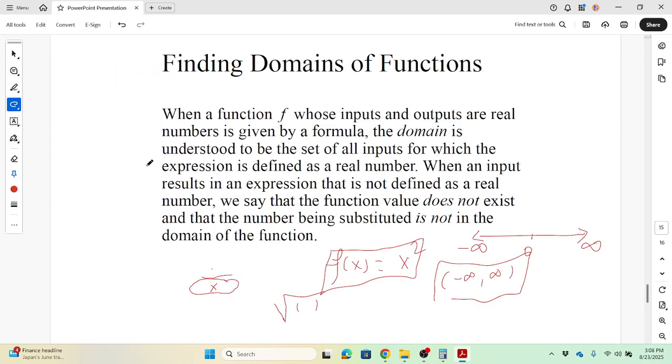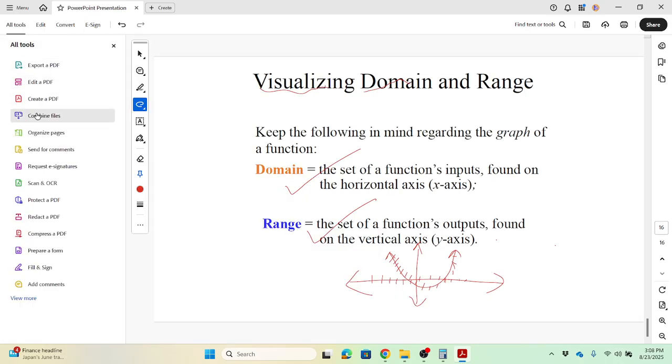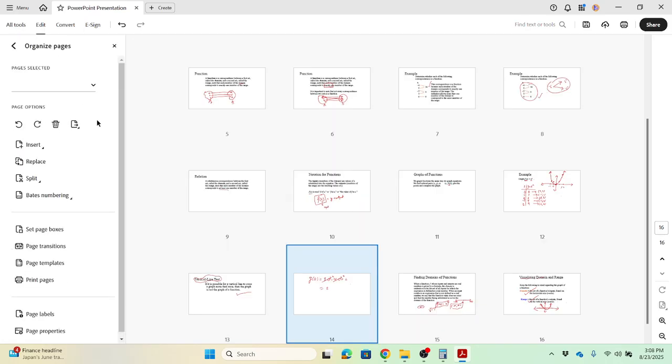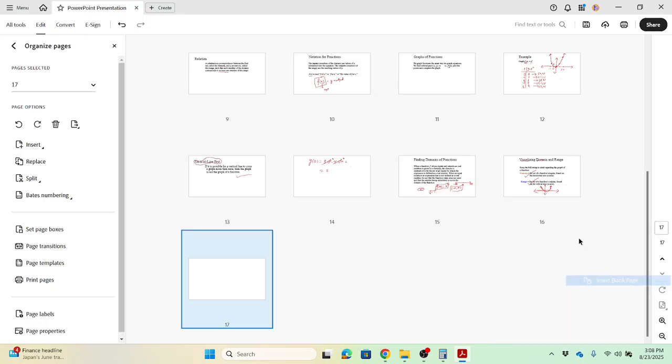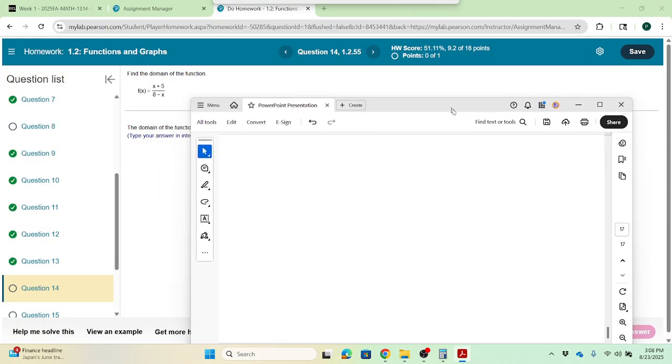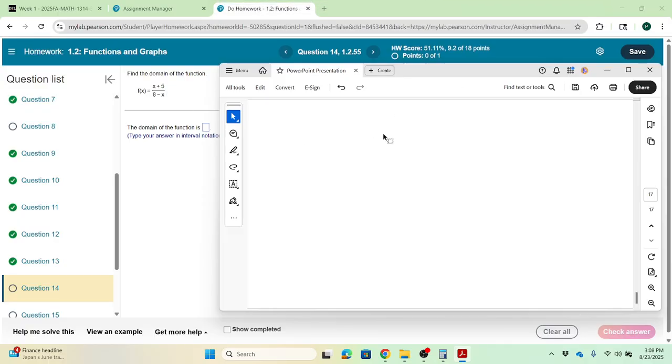If you have a fraction, then you have to keep in mind you cannot have the value of x which makes the denominator 0. So in this case, whenever you have a fraction, copy the bottom part. In this case, it's 8 minus x, make it equal to 0 and solve for x.